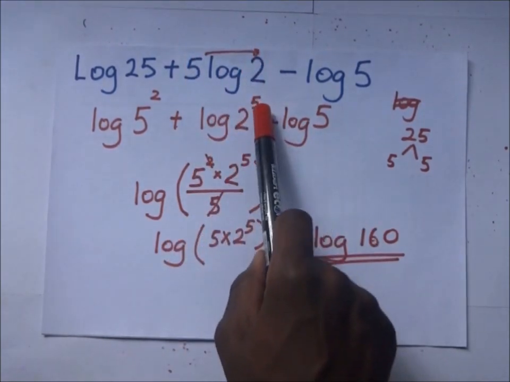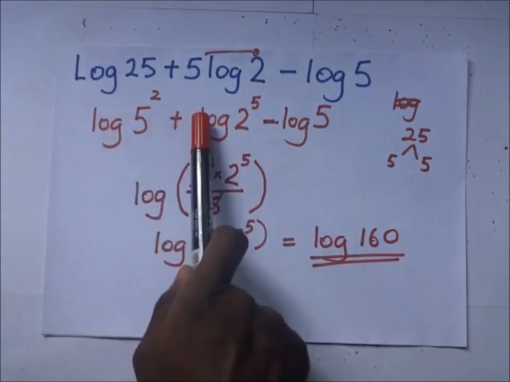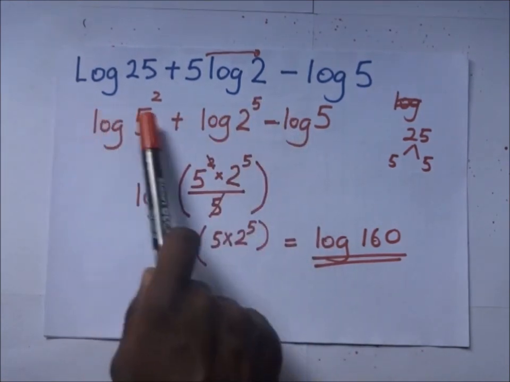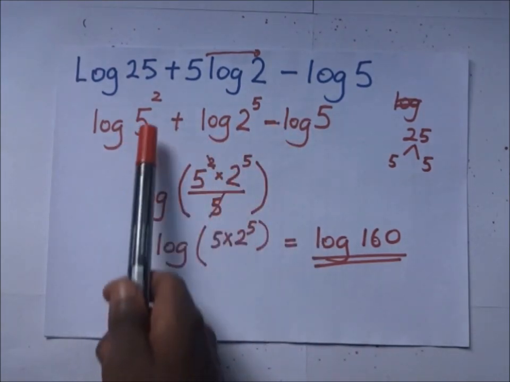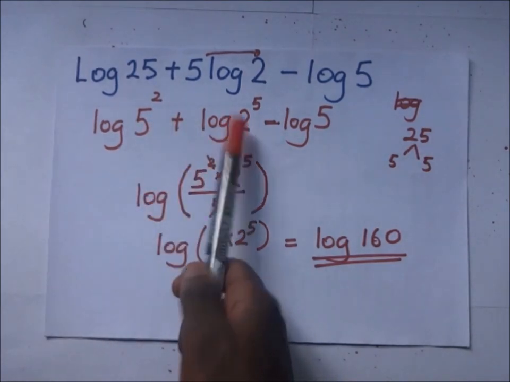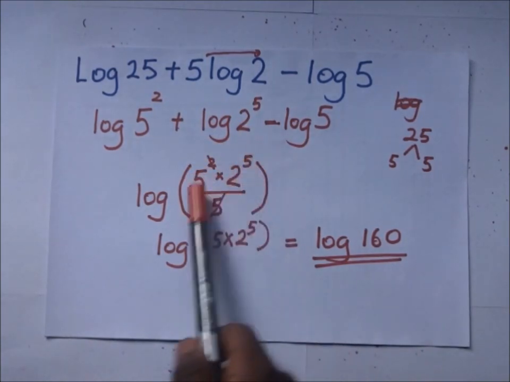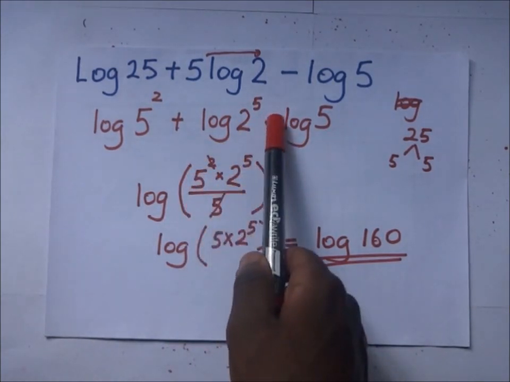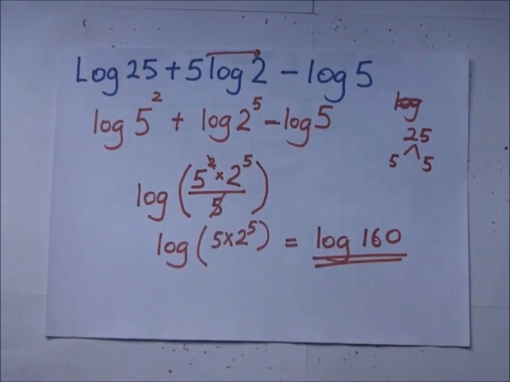That is why we have it in the next step like that. And then after making sure that each coefficient of the logarithm was 1, we went ahead and applied the properties of logarithms: when you're adding, you multiply these numbers. 5 times 2 to the power 5, divide that by, because it's minus now, divide by 5, and we get our answer like that.